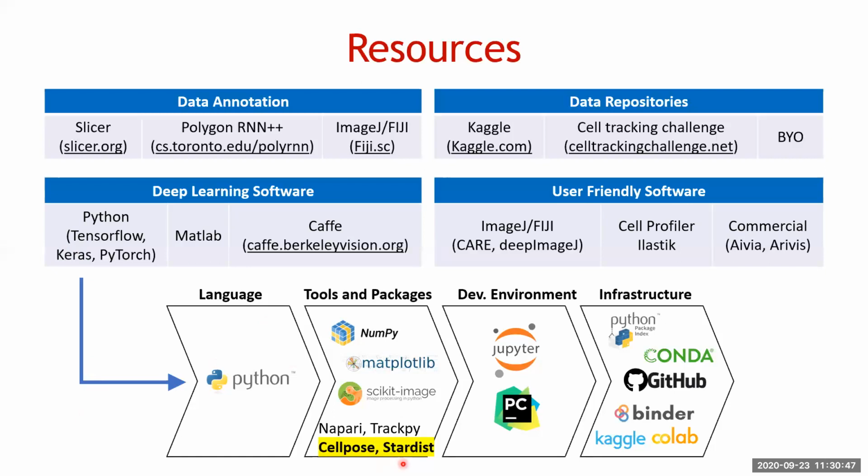These are Cellpose and Stardist. Cellpose is a very nice website, cellpose.org, that you can go and check out to see how it segments. It's a segmenting deep learning algorithm, and it's very simple, very quick, so you can go check that out. Of course, you want to make sure you have a development environment to write the code, and then the infrastructure to run it and to share the code, and I'll be talking about Colab in particular.